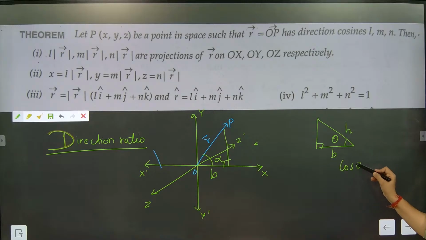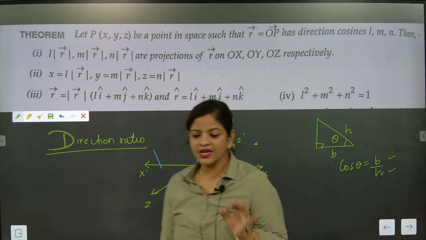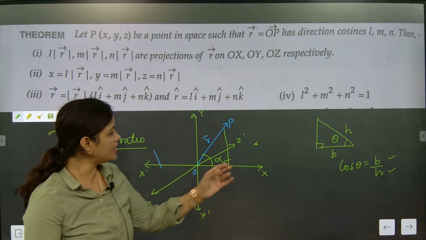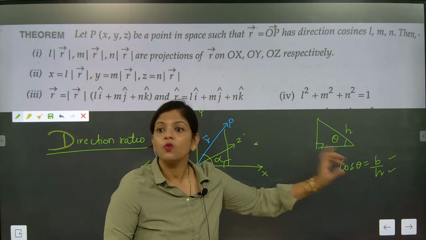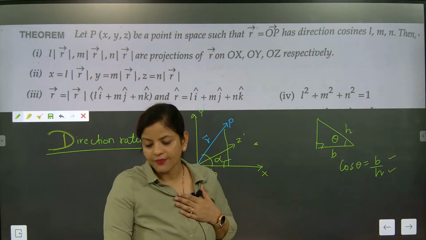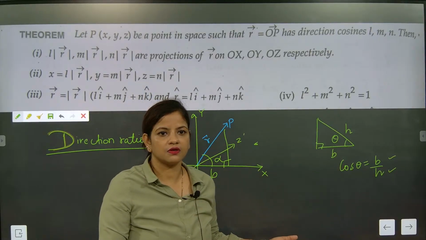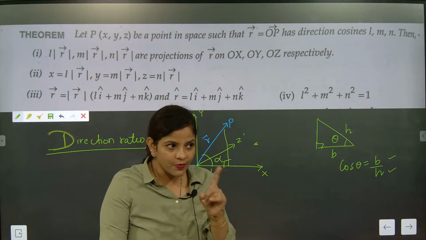So cos theta will be equal to base by hypotenuse. And all these are magnitudes. What is B? Magnitude. What is H? Magnitude.